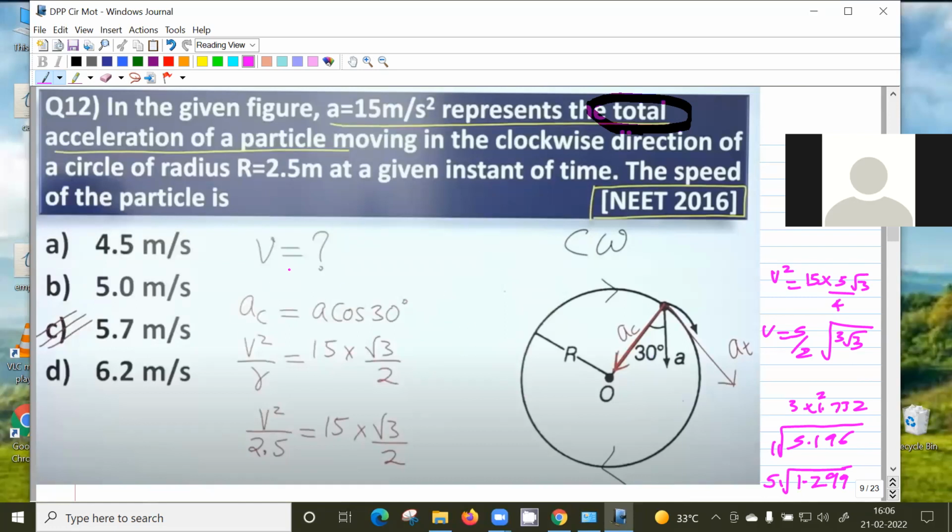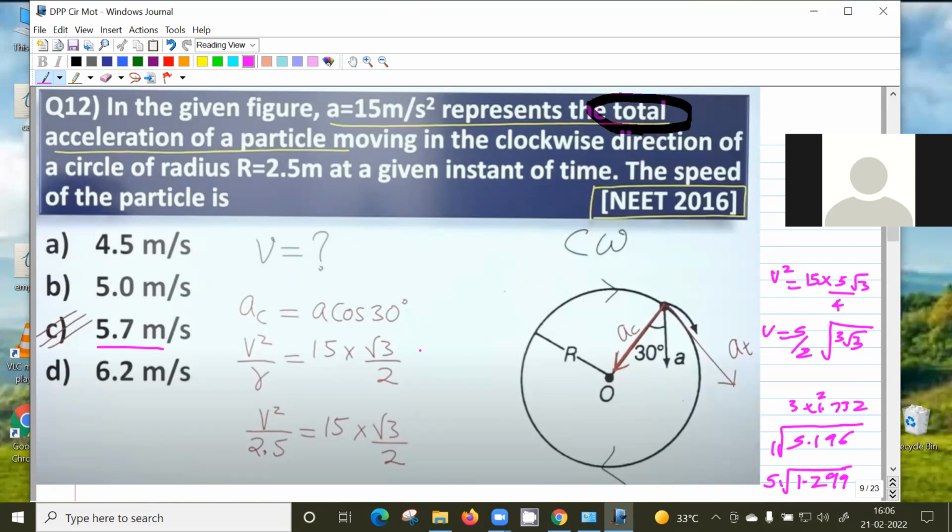This is 5 by 2, no? 2.5. No, it's correct only. 2.5, it comes, it will be 5 by 2. The mic is off. Okay, sir. So you're getting it as 5.7? No, sir, I didn't do that calculation.